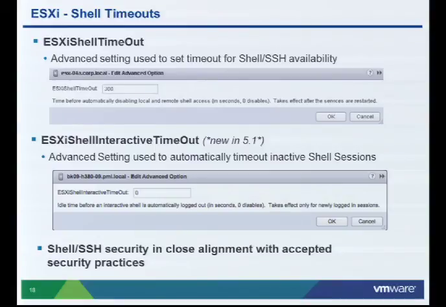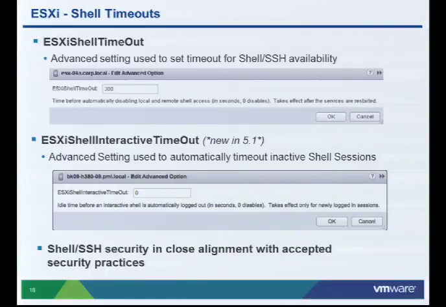Therefore, what we've provided you is the ability from the vSphere client to enable the SSH or shell services. Then you can go in, if you're debugging or troubleshooting something, do your work, come out, and this timeout, the ESXi shell timeout, will time out and disable those services after that set time.